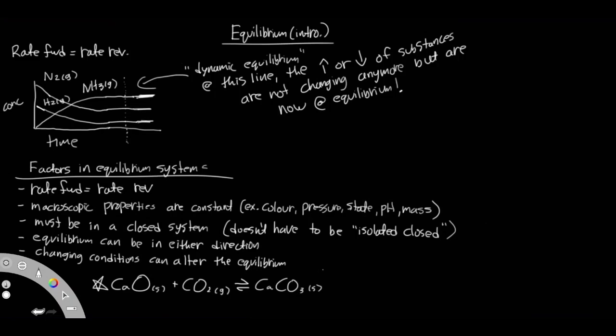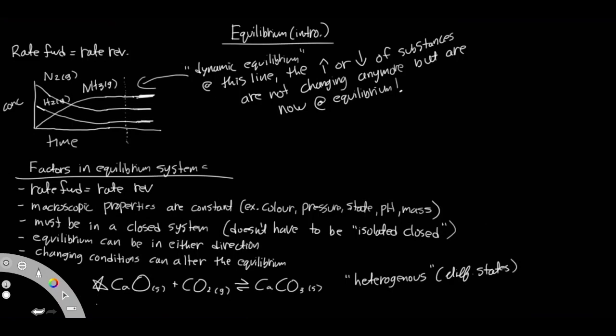What do we see with the states? Okay, this one here is solid, this one here is gaseous, this one here is solid. So this is obviously heterogeneous. Okay, it's heterogeneous because we have different states involved.